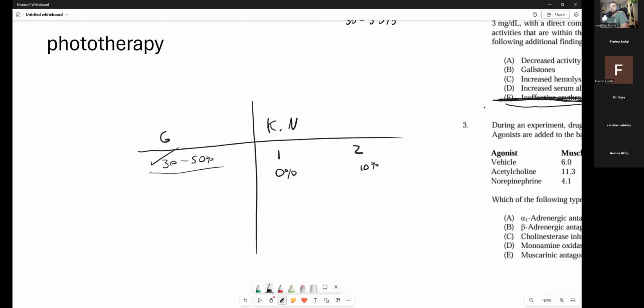So with Gilbert's, the elevation that you'll have is very mild. It's supposed to be mild. In this question, it kind of looks aggressive, but it's supposed to be mild. With Crigler-Najjar, it's supposed to be increased by a lot. So it should be like in the 20s. That's a big difference than seeing this like in the threes or twos, like we saw in this question.